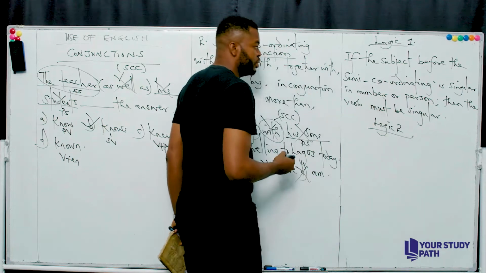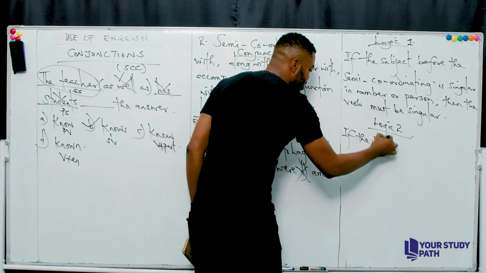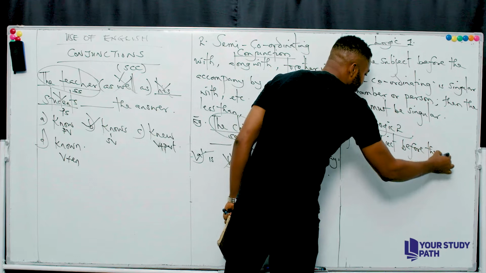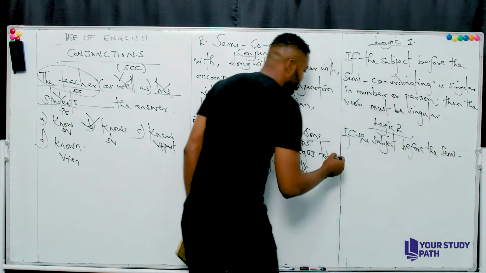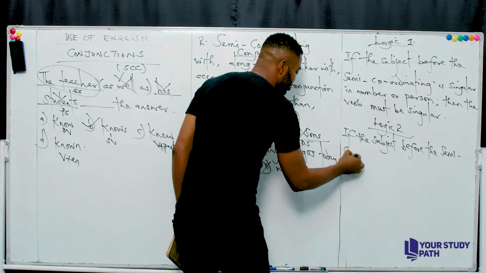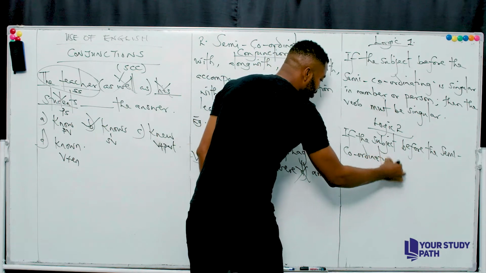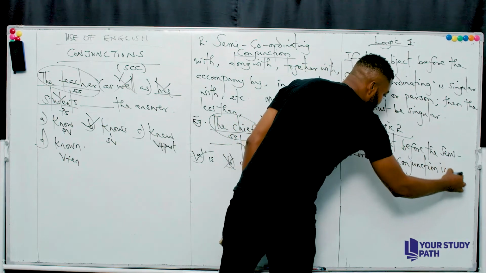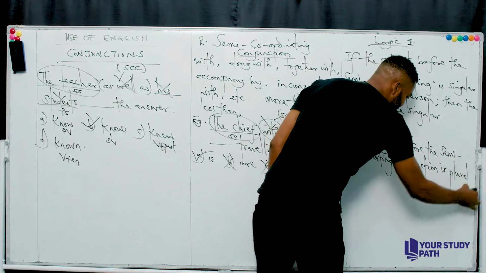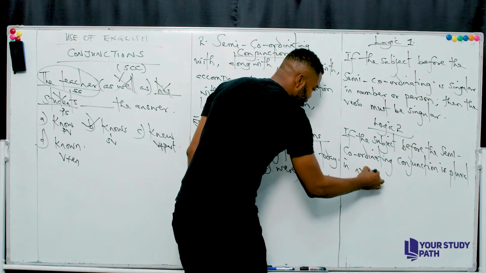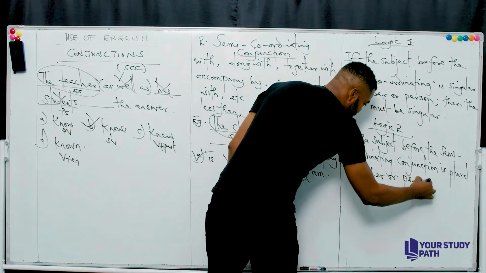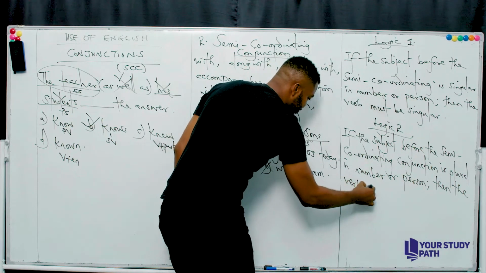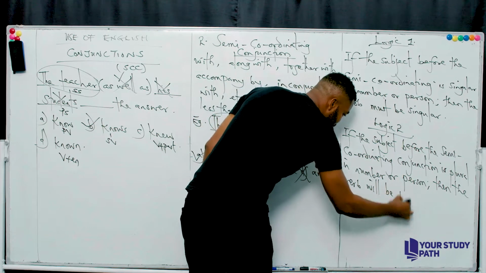Logic 2, okay? If the subject before the semi-coordinating conjunction is plural in number or person, then the verb will be plural.